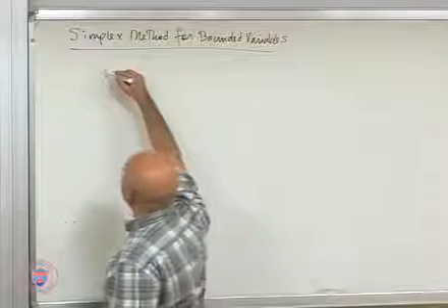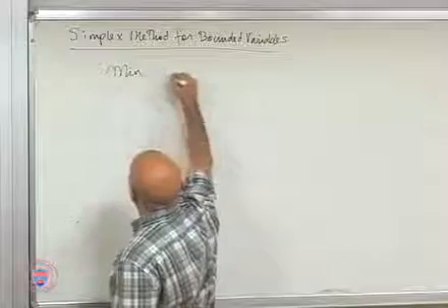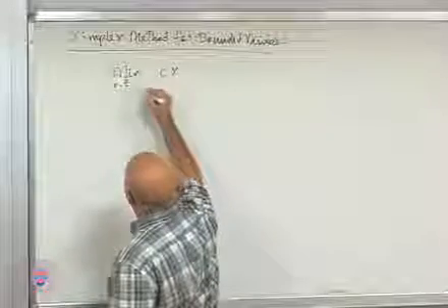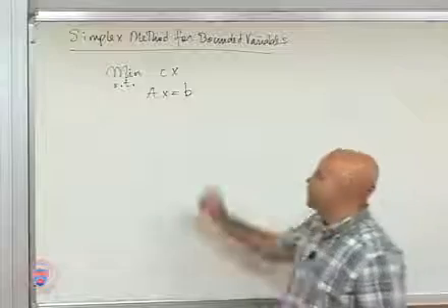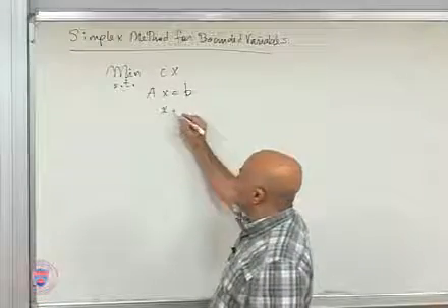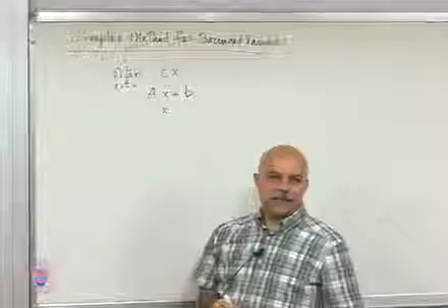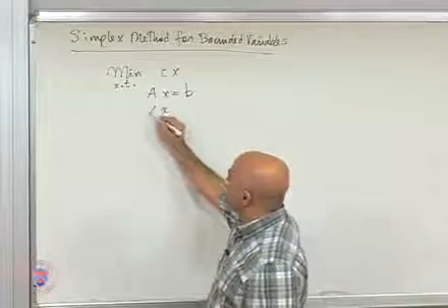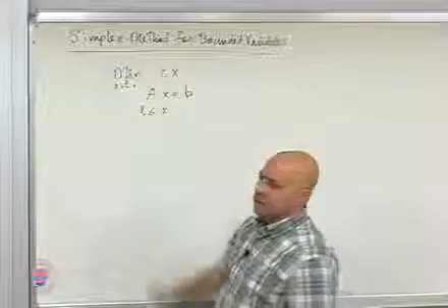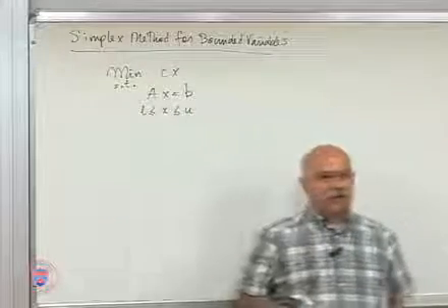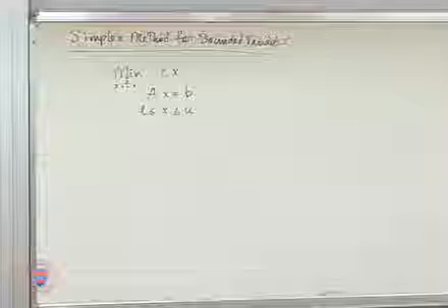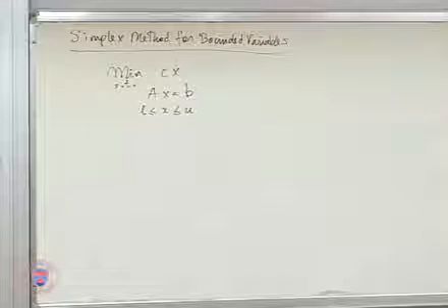Now let's look at a problem of the form minimize Cx subject to Ax equals B, standard form. Except that rather than having x non-negative here, we have a lower bound vector L and an upper bound vector U, giving you lower as well as upper bounds for each of the variables.